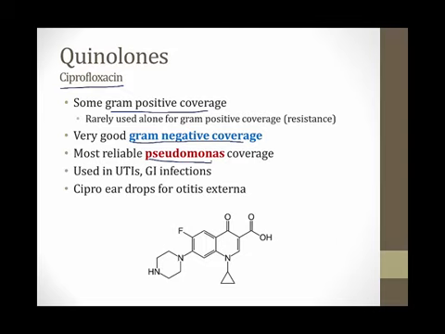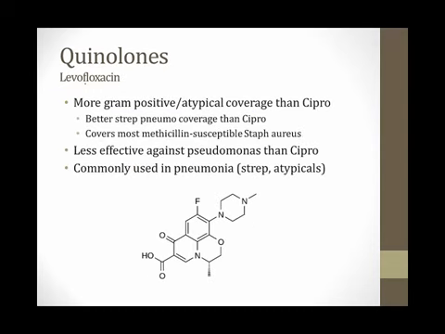In fact, among the quinolones, ciprofloxacin has the most reliable Pseudomonas coverage. Because of its good gram-negative coverage, it's often used for UTIs and GI infections. In addition, Cipro eardrops are often prescribed for otitis externa, which is swimmer's ear, which you may know is caused by Pseudomonas.